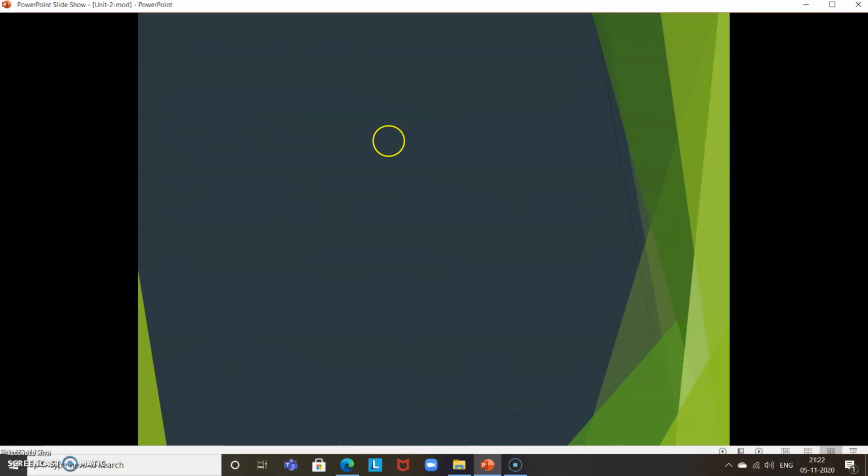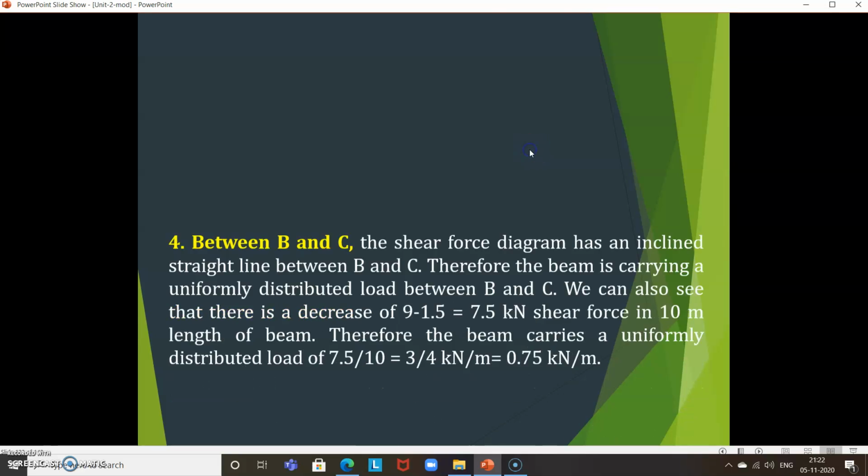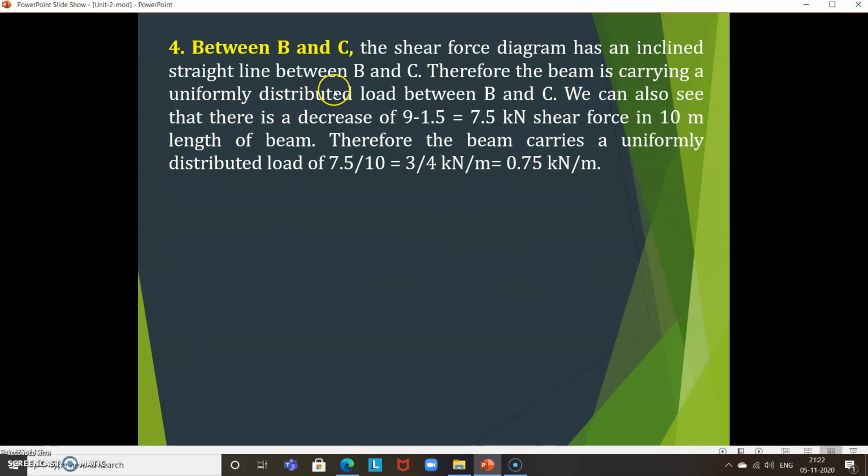Then between B and C, there is an inclined straight line, and therefore the beam is carrying a uniformly distributed load between B and C. Here there is again an inclined line.